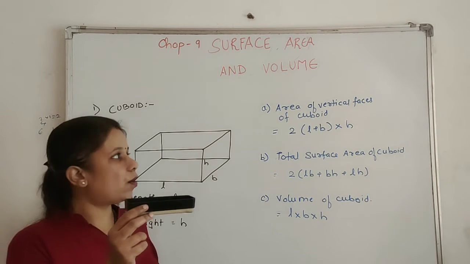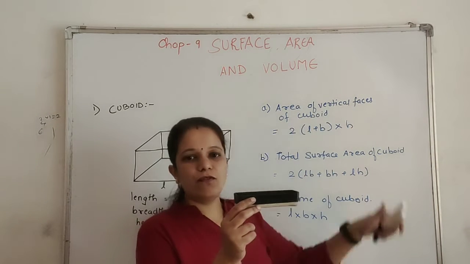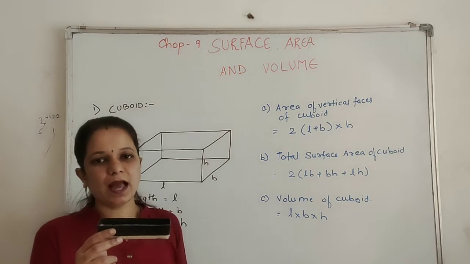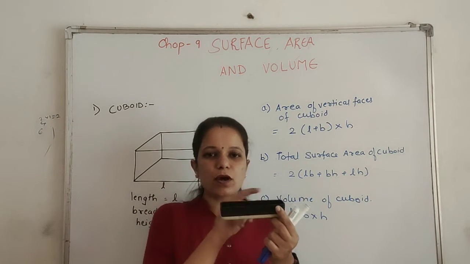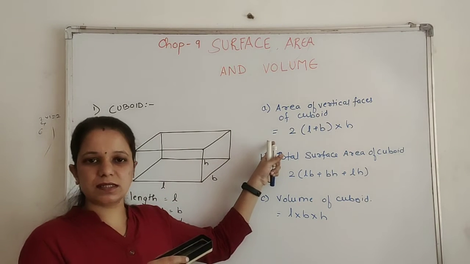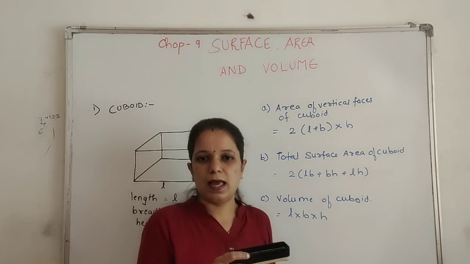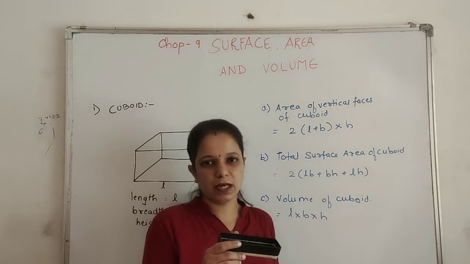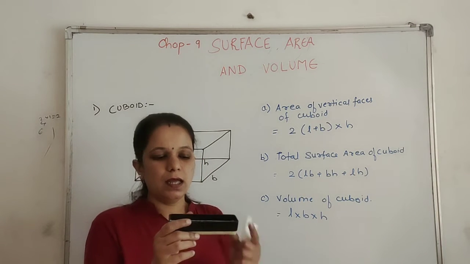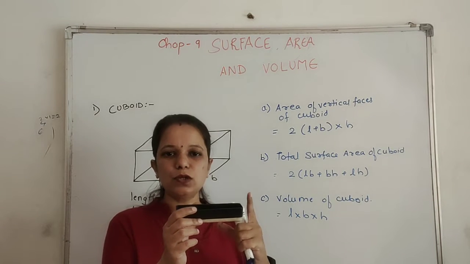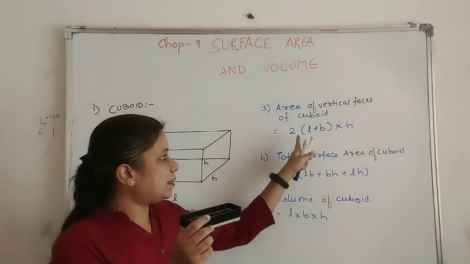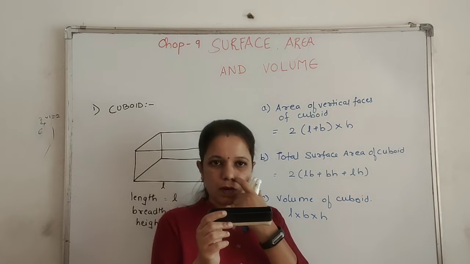Okay. Now area of vertical faces. We have 4 vertical faces again for a cuboid. So the formula for area of vertical faces is given as 2 times (L plus B) into H. Okay. Length 2 times, breadth 2 times, height only once. Length plus breadth into height.